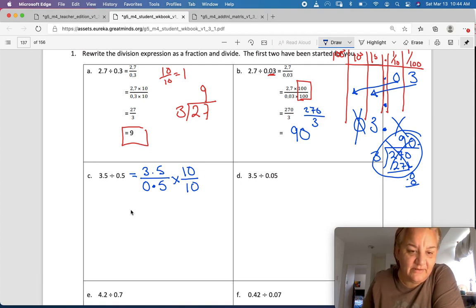Okay, now I have 3 and 5/10 times 10, which turns it into 35, and 5/10 times 10, which equals 5, and 35 over 5, right? 35 divided by 5 is 7, right?